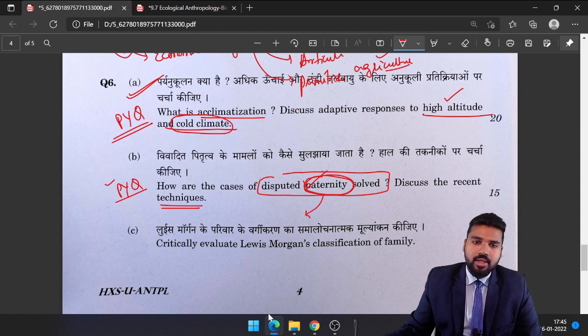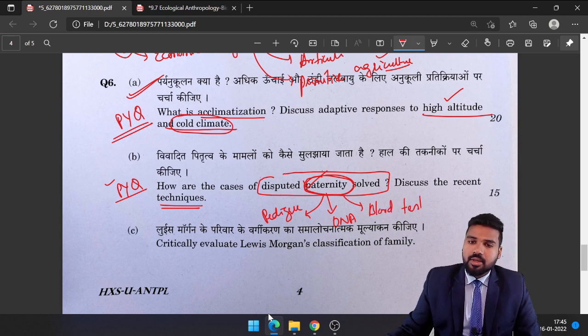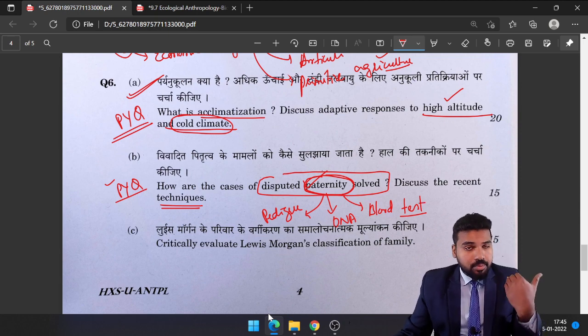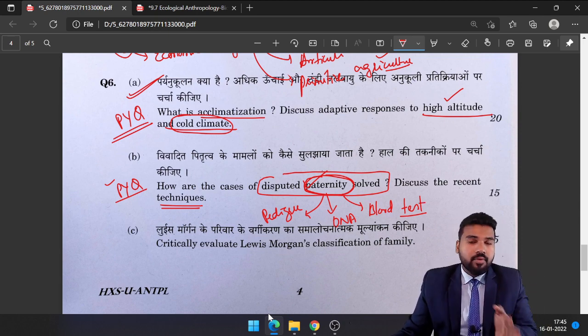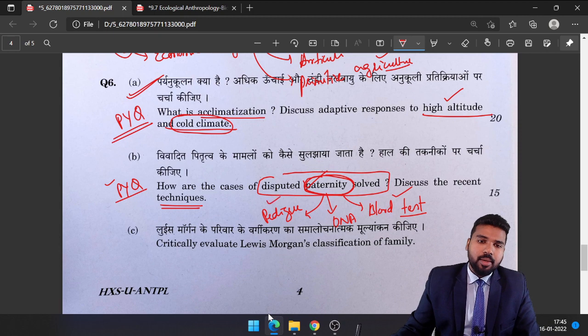Like we have seen, you can go with pedigree analysis, like family tree analysis, or you can go with the DNA fingerprinting method or blood test. See, some methods are not absolute. They are relative. They do not tell absolutely whether the person is a parent or not. But with some certainty, we can say the person is not a parent. उसके लिए हम ब्लड टेस्ट या पेडिग्री एनालिसिस वगैरह यूज कर सकते हैं.